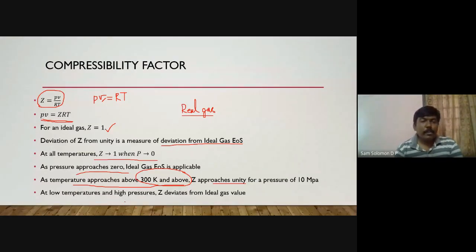At low temperatures and high pressures, your Z deviates from the ideal gas value. Whenever you have a deviation from the ideal gas equation of state, other equations of state come into the picture and define the properties in that particular range. One such example is the van der Waals equation of state and compressibility factor.